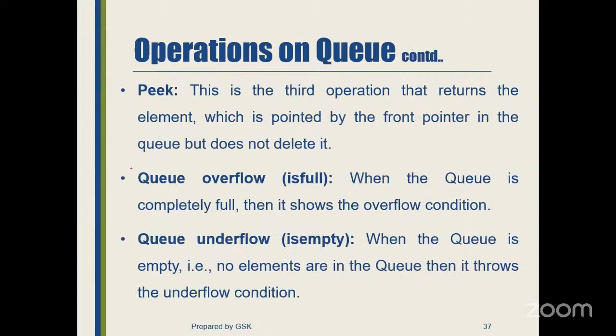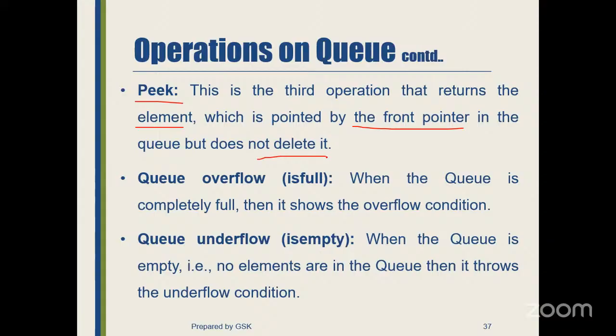Next, peek operation. So we have the same operation in stack also, peek, right? So this is the third operation that returns the element which is pointed by the front pointer in the queue but doesn't delete it. So DQ means the element is to be deleted.